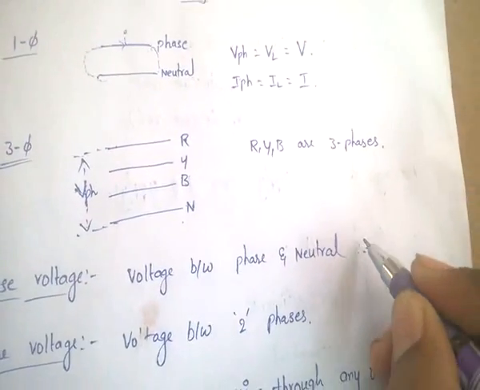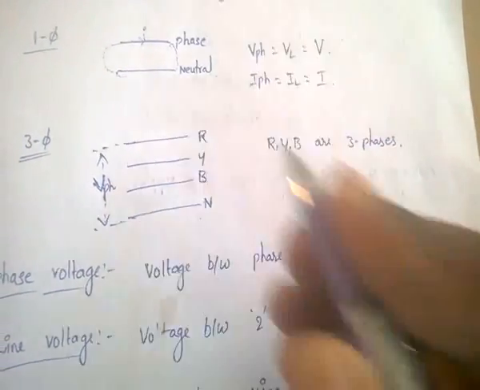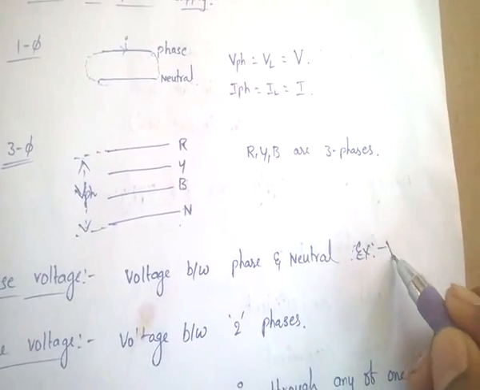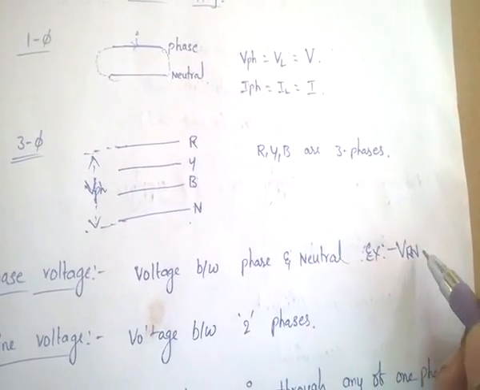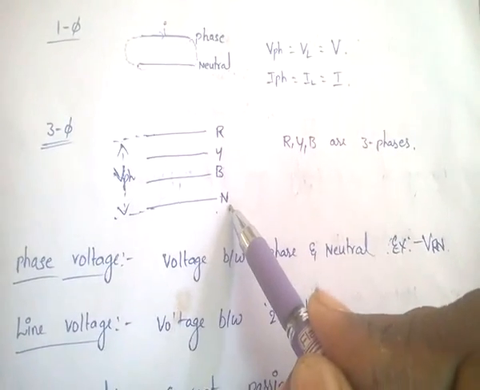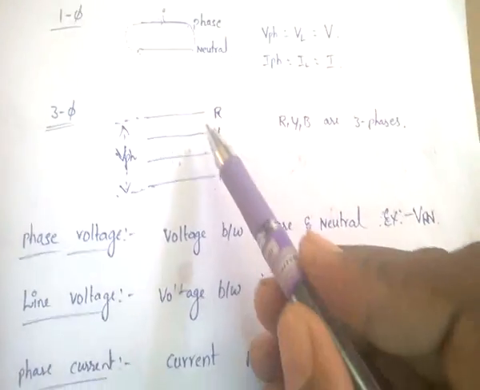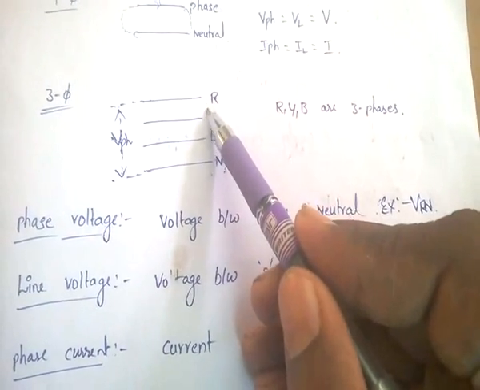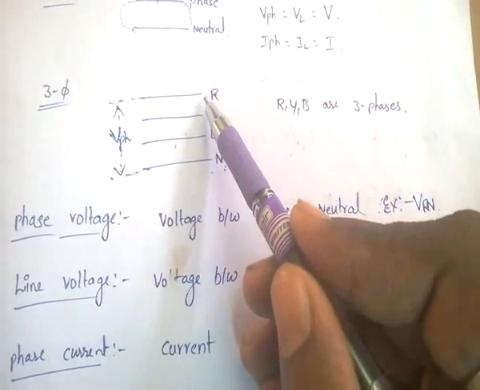For example, in the case of three phase, VRN is the voltage between phase and neutral. What is a line voltage? Line voltage is the voltage between two phases.